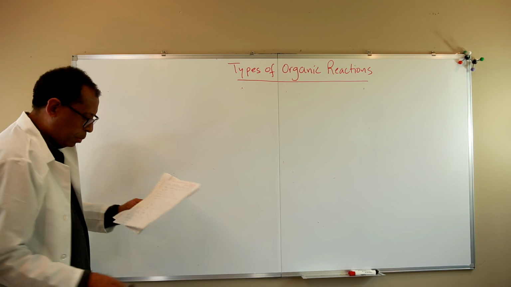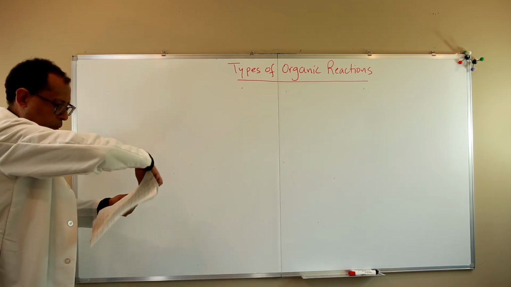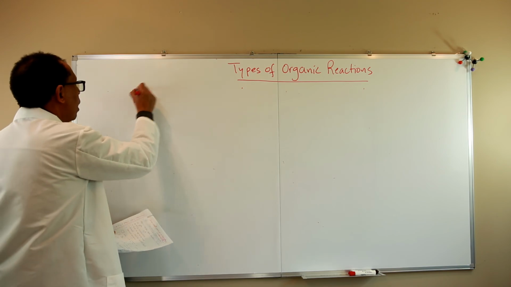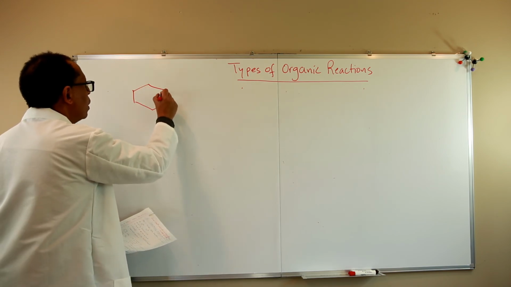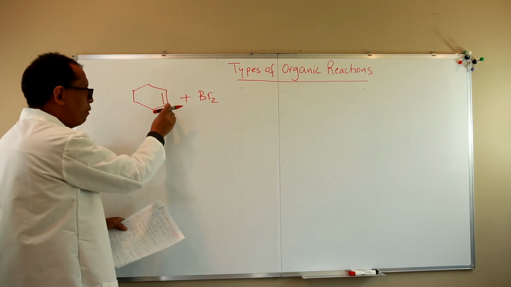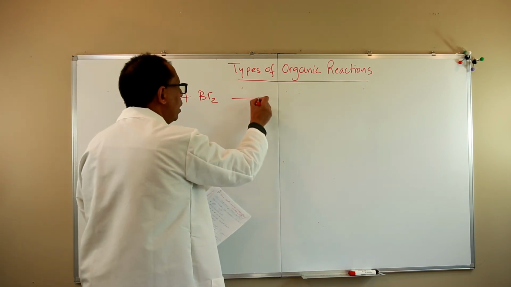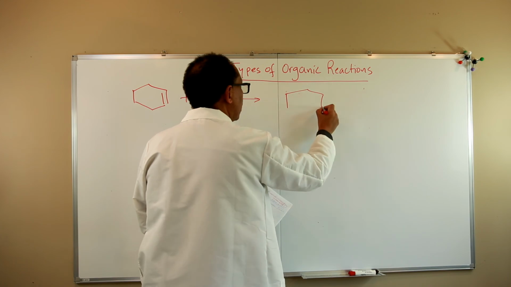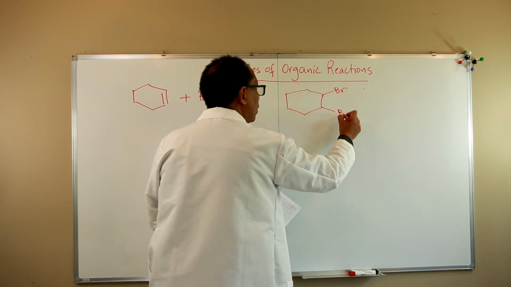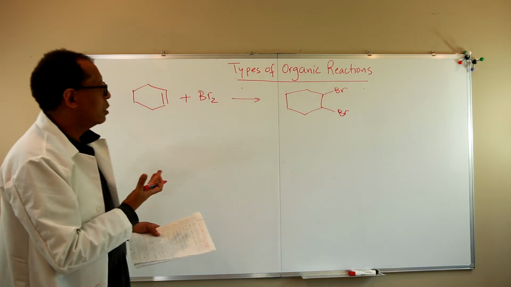So for example, here I would just show you this example. You have a pi bond system, and if the product is this, what kind of reaction is this?